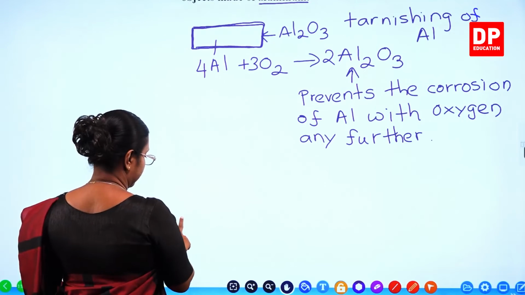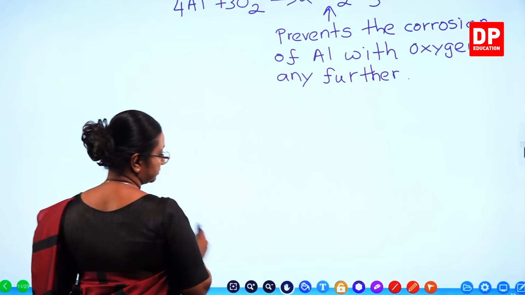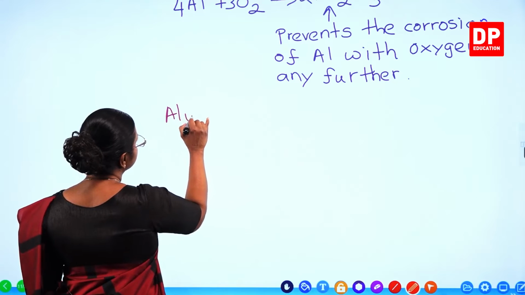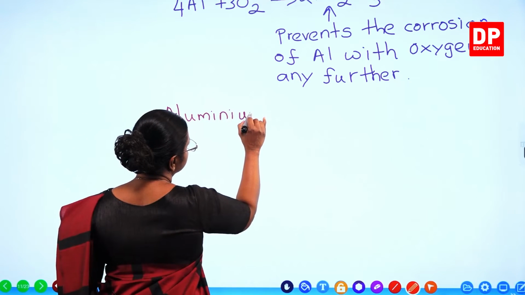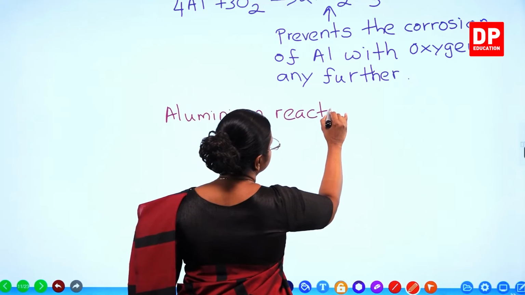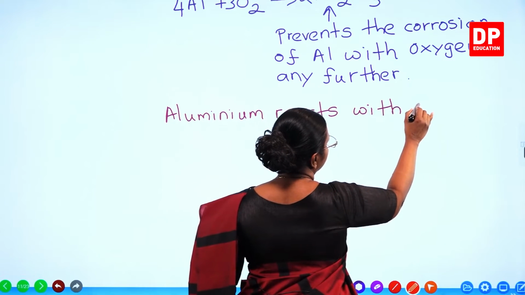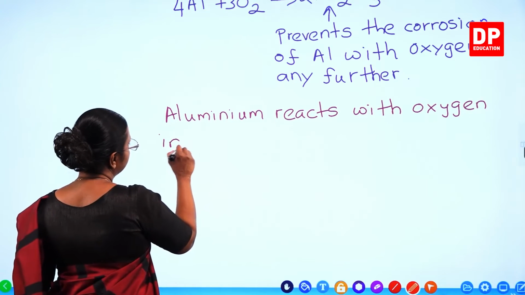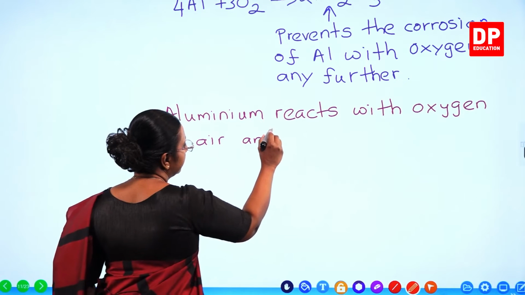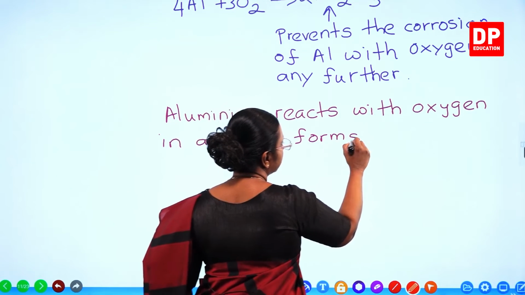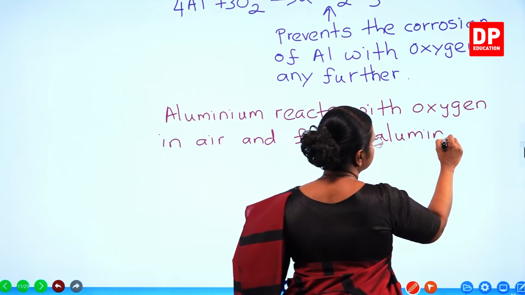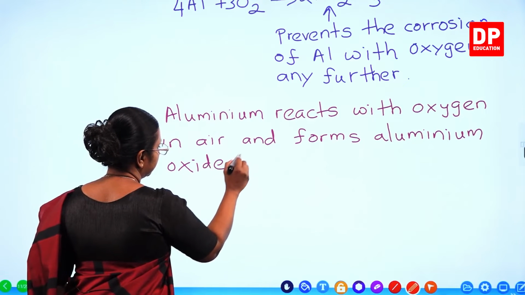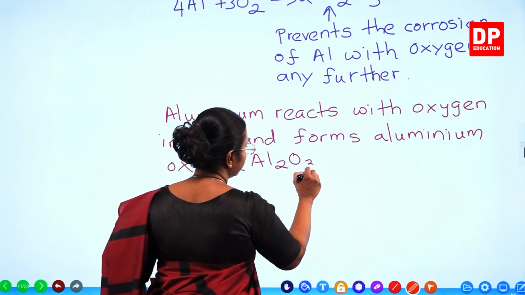So to answer that, we can say aluminium reacts with oxygen in air and forms aluminium oxide, that is Al2O3.